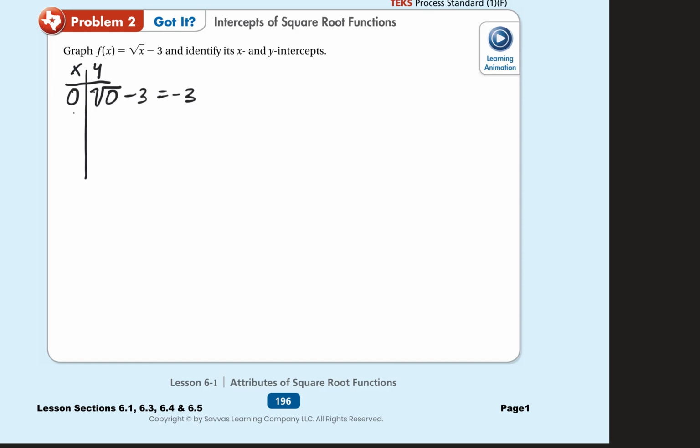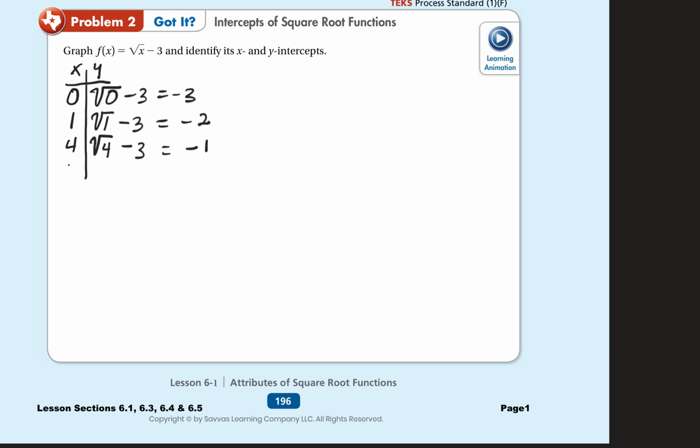Square root of 1 minus 3 is negative 2. We're going to use perfect numbers since we can find the square root. The square root of 4 is 2, minus 3 is negative 1.